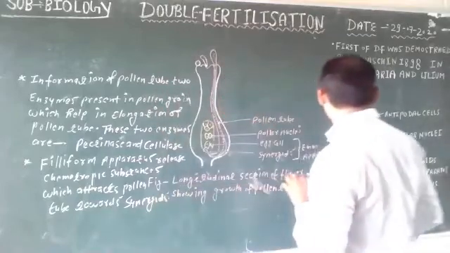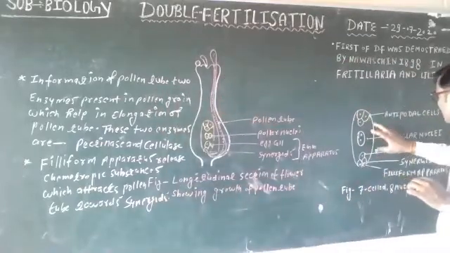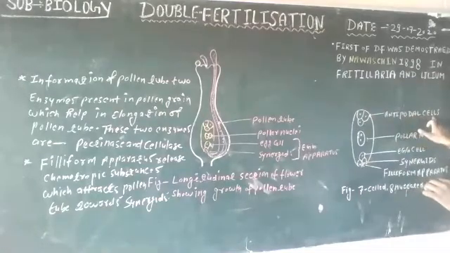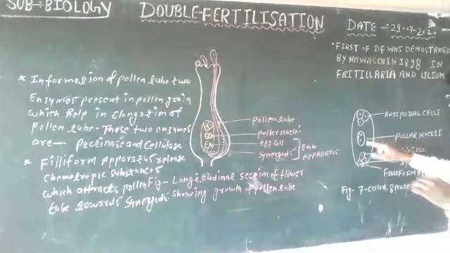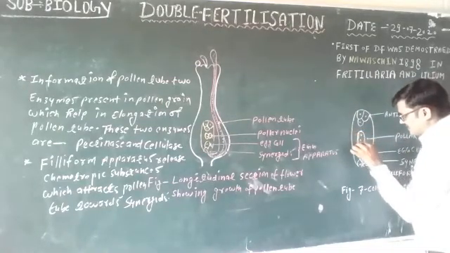Next point, see this diagram. I have made the antipodal cells, and this is the polar nuclei. Inside one cell, two nuclei.